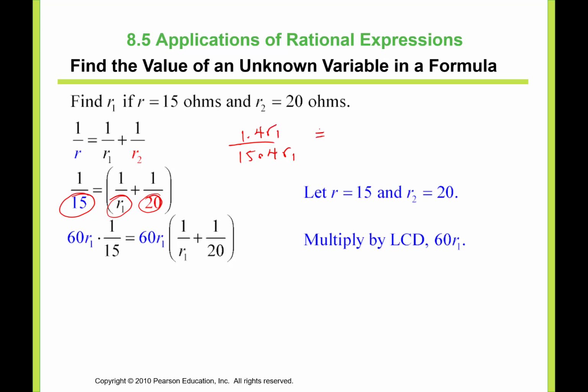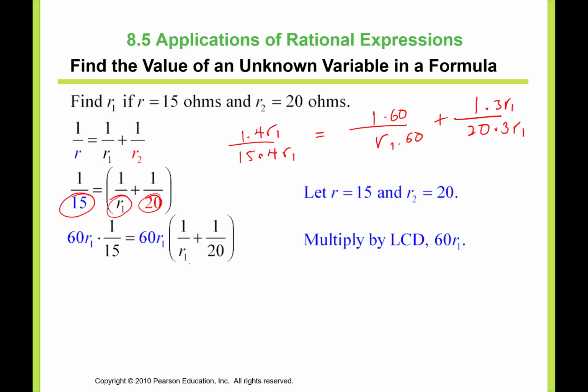For the right, same thing: we will have 1 over R1. We could multiply this by 60, multiply that by 60. And if we do that, plus 1 over 20, we could multiply this by 3 R1 and multiply this by 3 R1. We could do it like this and then write the common base. Either way is correct. It's just a matter of preference in terms of how you're going to be doing it.